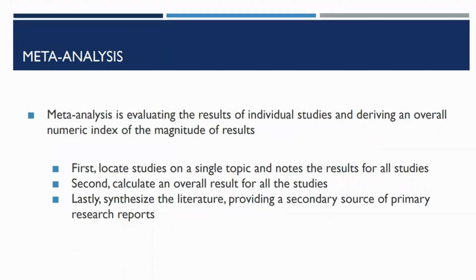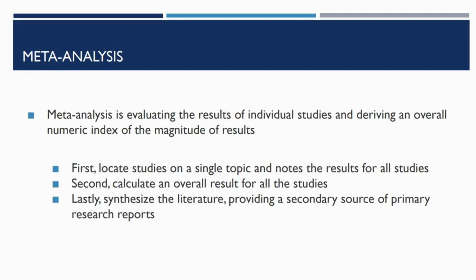Meta-analysis. In another extension of correlation research, authors integrate the findings of many primary source research studies in a meta-analysis by evaluating the results of individual studies and deriving an overall numeric index of the magnitude of results. The intent of this research is to summarize the results of many studies.